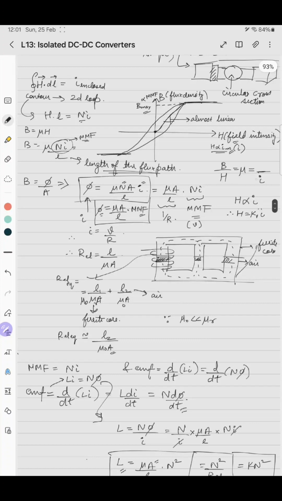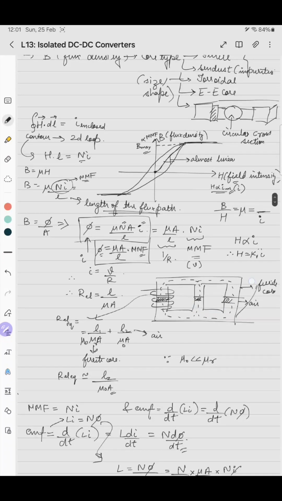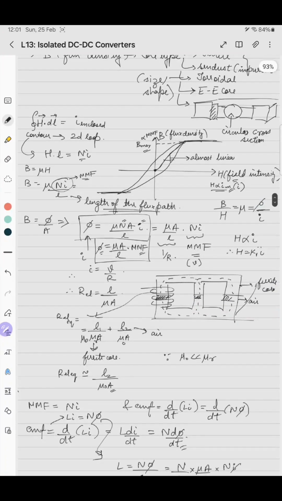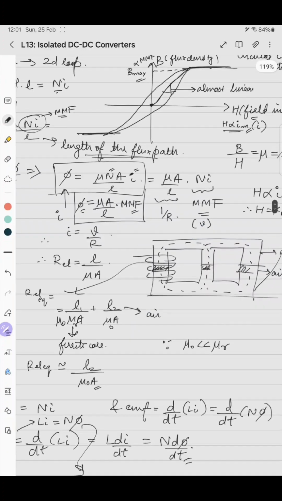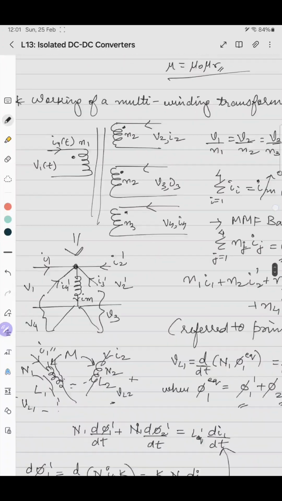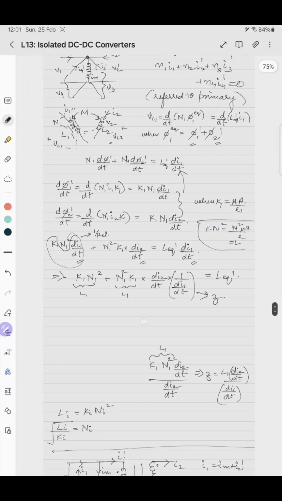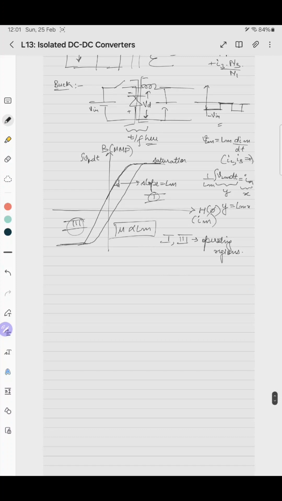B is proportional to phi and H is proportional to MMF, or that is I. So the ratio of phi by MMF is proportional to mu, and the reluctance is inversely proportional to mu. So this relation holds true.